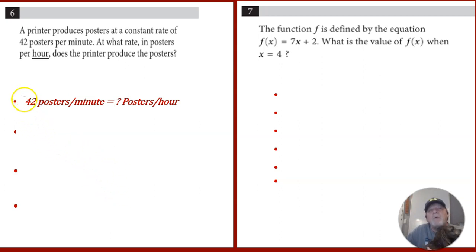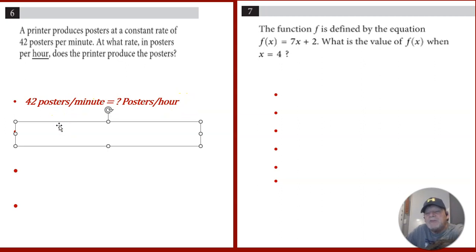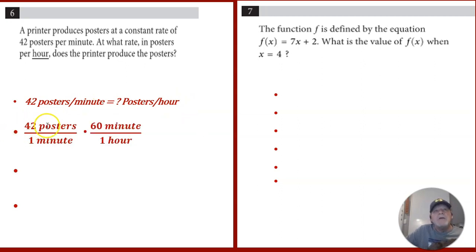So if I want to take 42 posters per minute and change it to posters per hour, that's a division problem. Per means division. So I can take my 42 posters over, or per, 1 minute and multiply it by something that equals 1. Well, what equals 1? Well, there's 60 minutes in 1 hour.